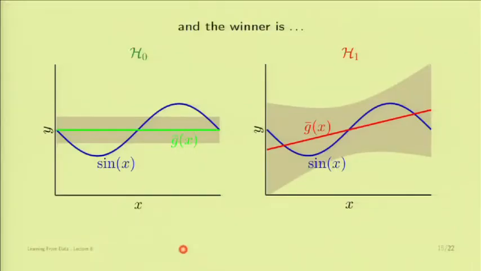The question I'm asking in learning is, you have 2 points coming from something I don't know. Is it better to use a constant or a line? You notice the difference. So I'm going to put them side by side and see which is the winner. This guy has a big bias and a small variance. This guy has a small bias and a big variance.